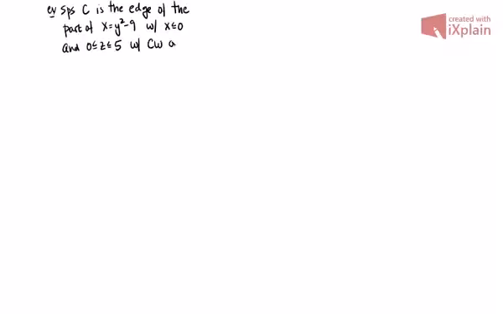Suppose C is the edge of the part of x equals y squared minus 9 with x less or equal to 0 and z between 0 and 5, with clockwise orientation from the positive x-axis.